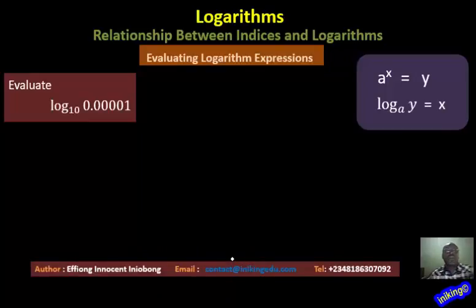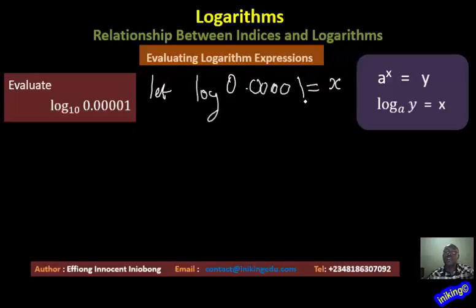Our next question, we are to evaluate the logarithm of 0.00001 to base 10. This is still the same thing. Again, I simply say, let this expression, the logarithm of 0.00001, how many zeros do we have there? 4, then 1, equal to, let me use my x again, to base 10.